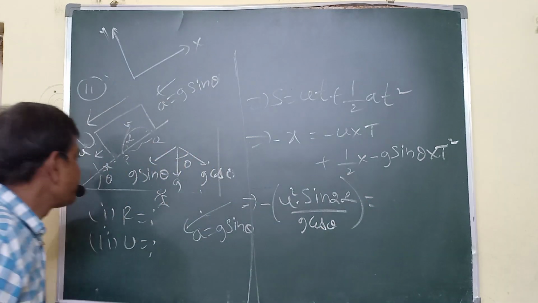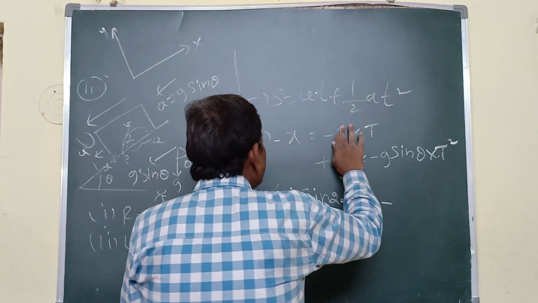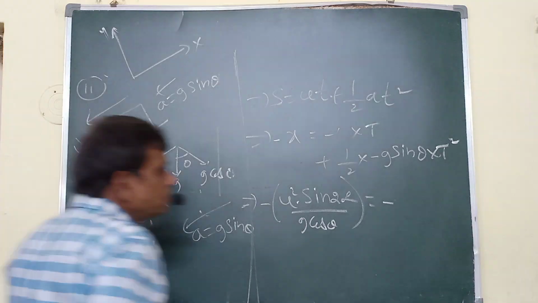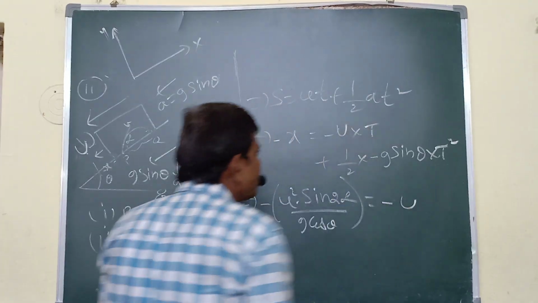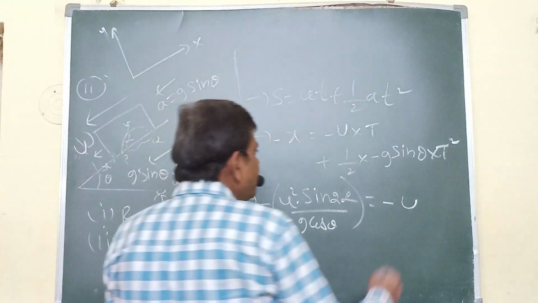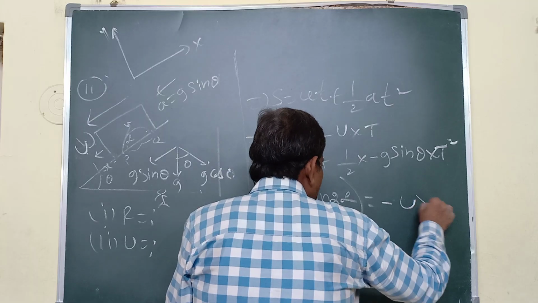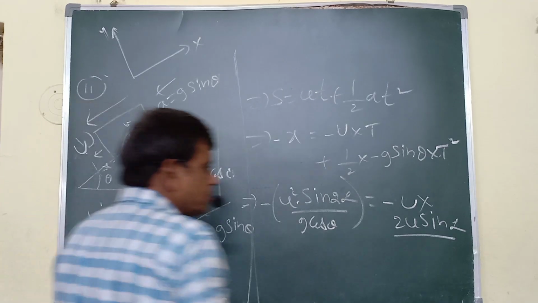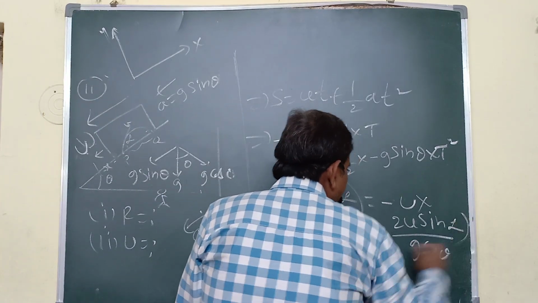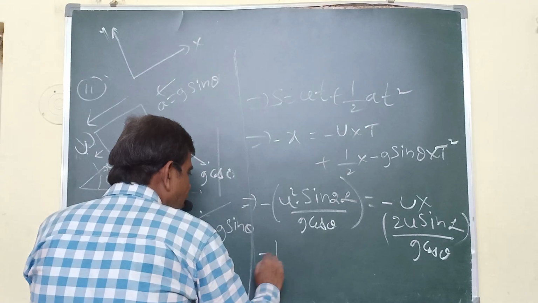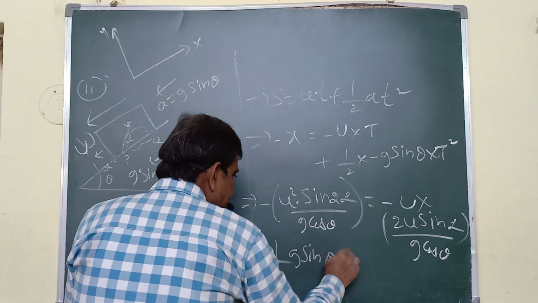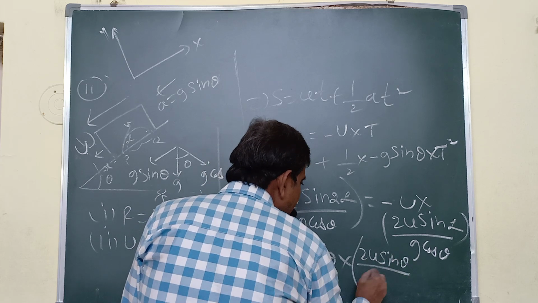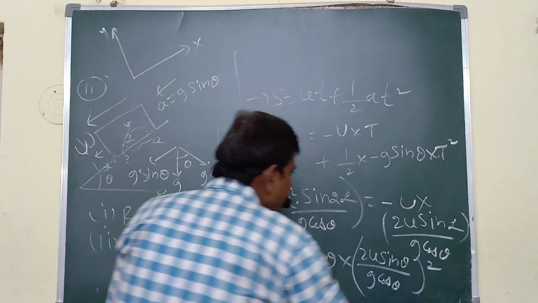The u we are finding, I take small u for the ball's velocity and big U for the velocity of the sliding box, which is what we are finding. So x equals U into the time of flight, 2u sin alpha by g cos theta, minus half g sin theta into t square, where t is 2u sin alpha by g cos theta, whole square.